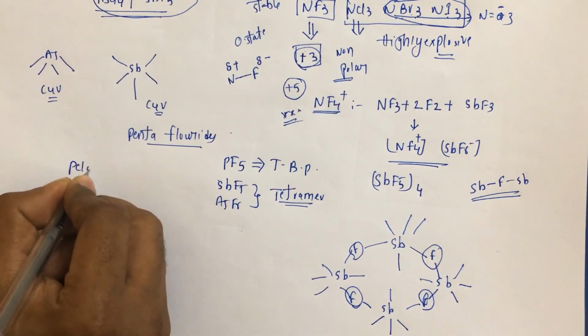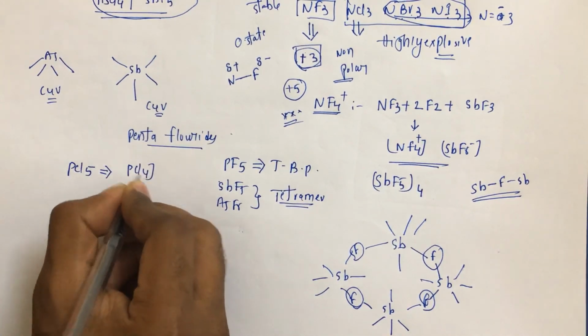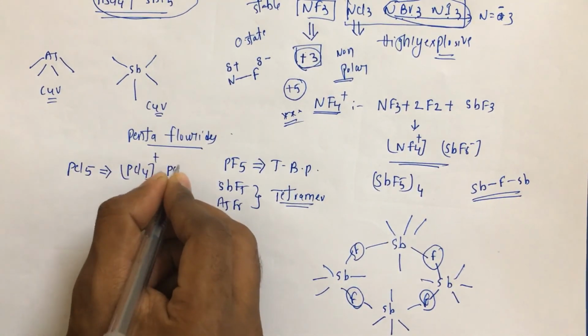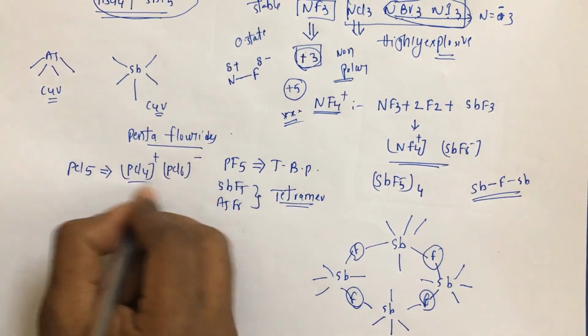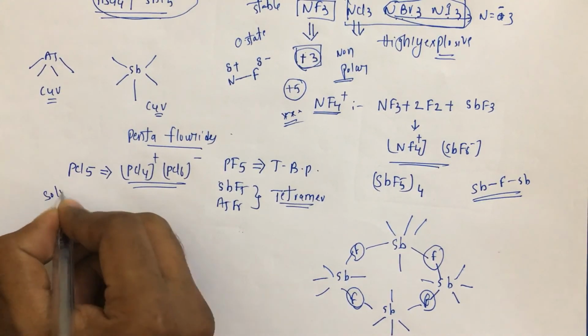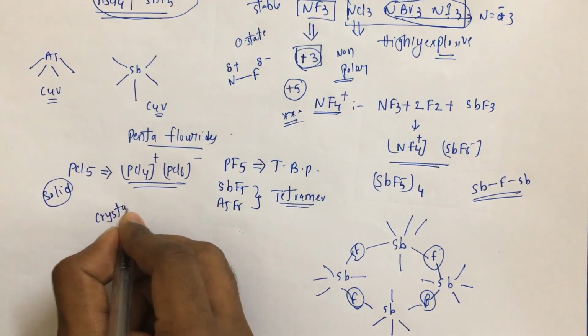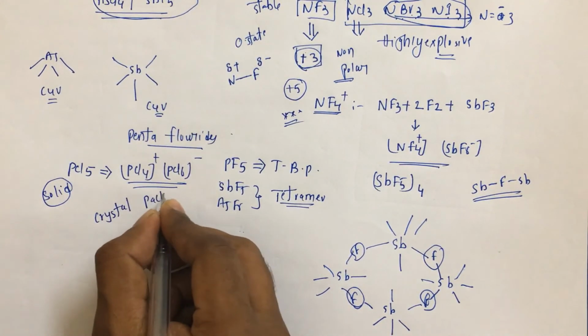And this we know very well. PCl5 in the solid state exists as PCl4 plus and PCl6 minus. The reason behind this is that when you're talking about a solid state, there should be proper crystal packing. Then only we can say it is a stable solid.